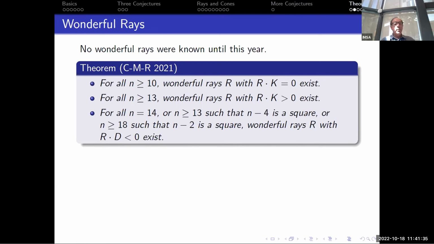When n is 13 or more, we were able to construct for every n wonderful rays on the strictly positive part. The hard part to understand. And then for these special situations, 14 and any n such that n minus 4 is a square or n minus 2 is a square if you're bigger than 18, we have wonderful rays which intersect the de Vernix ray strictly negative.